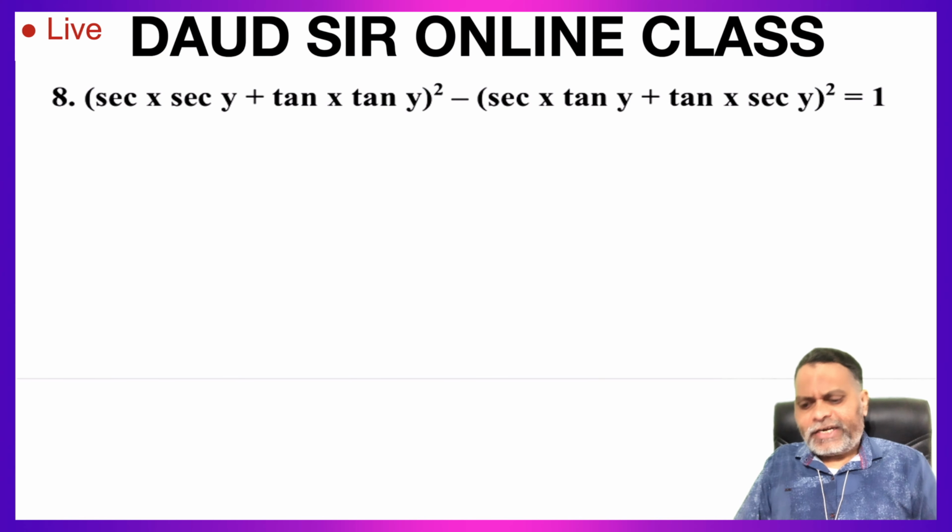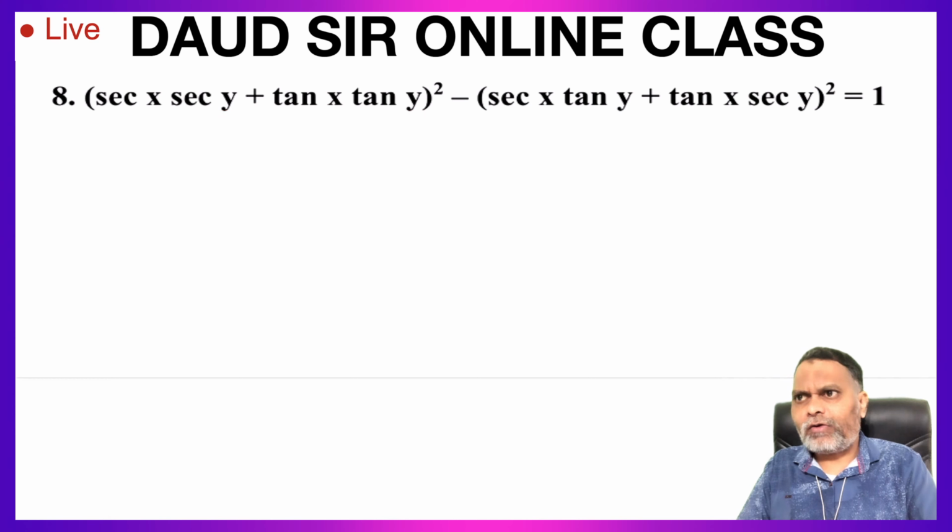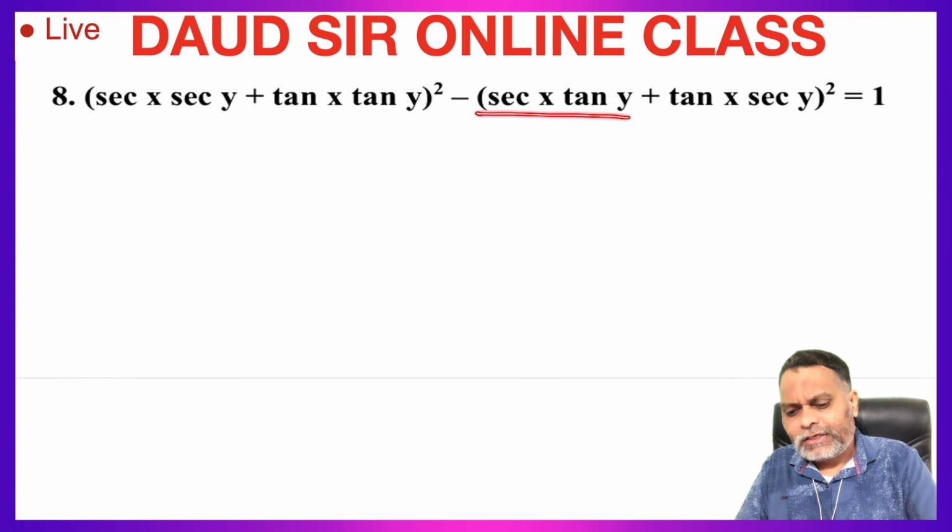Question number 8. (sec x into sec y plus tan x into tan y) whole square minus (sec x into tan y plus tan x into sec y) whole square is equal to 1.